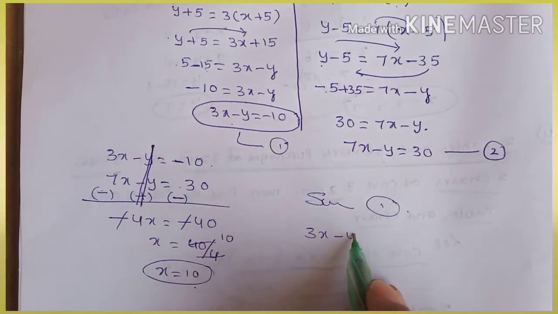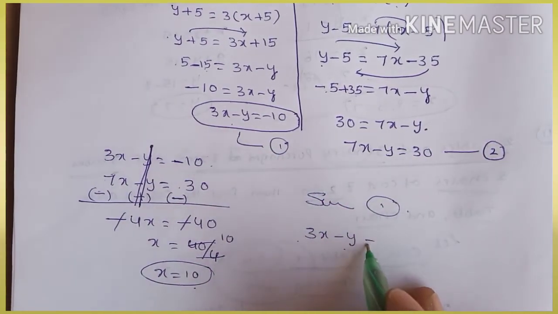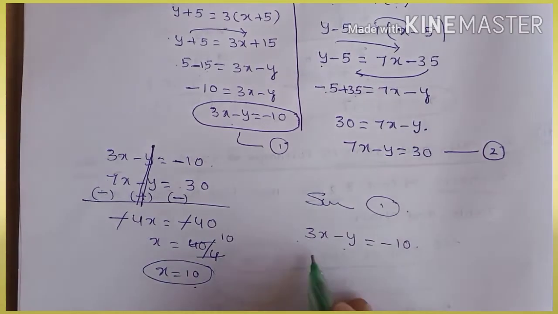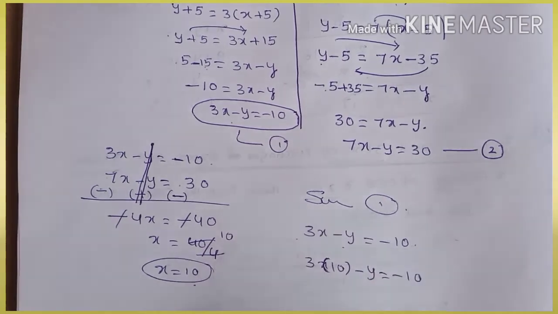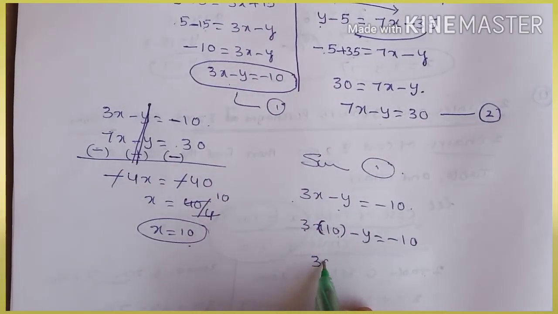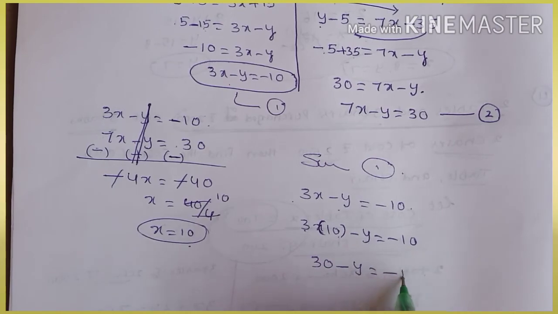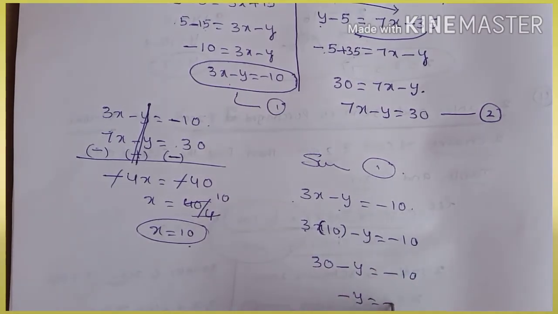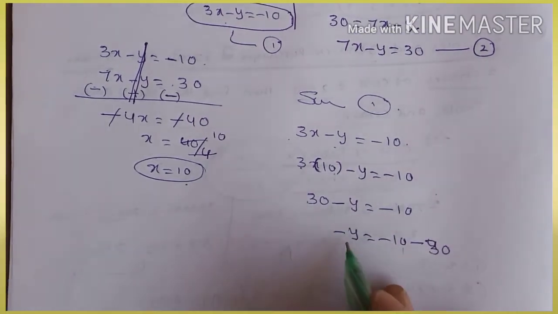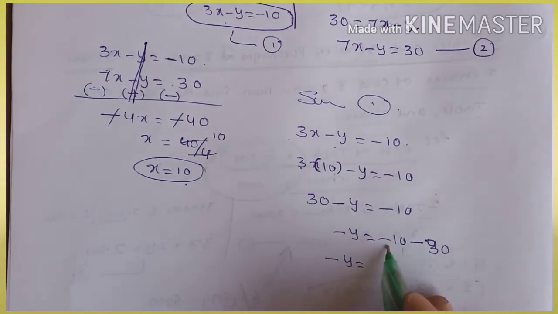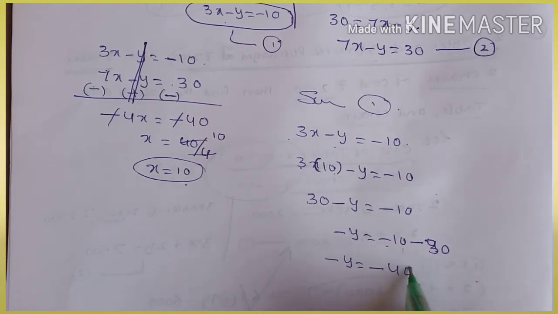This 10 you can substitute in either equation 1 or equation 2. Equation 1: 3x minus y is equal to minus 10. x value is 10, so 3 tens are 30. 30 minus y is equal to minus 10. Minus y is equal to minus 10 minus 30, which is minus 40.